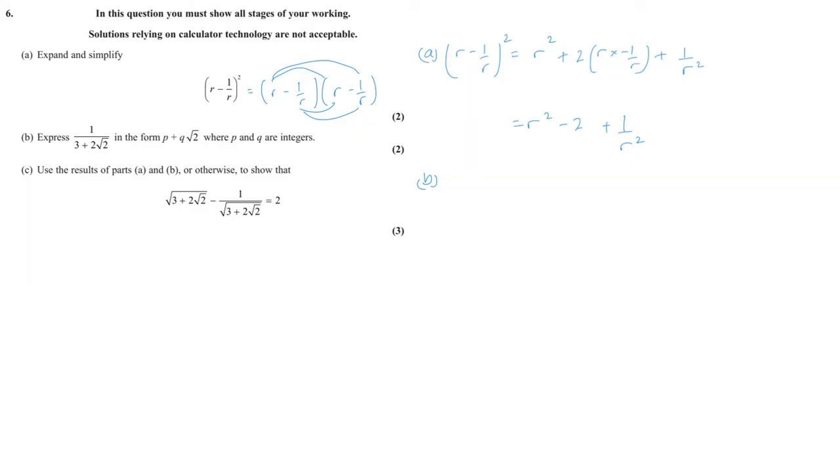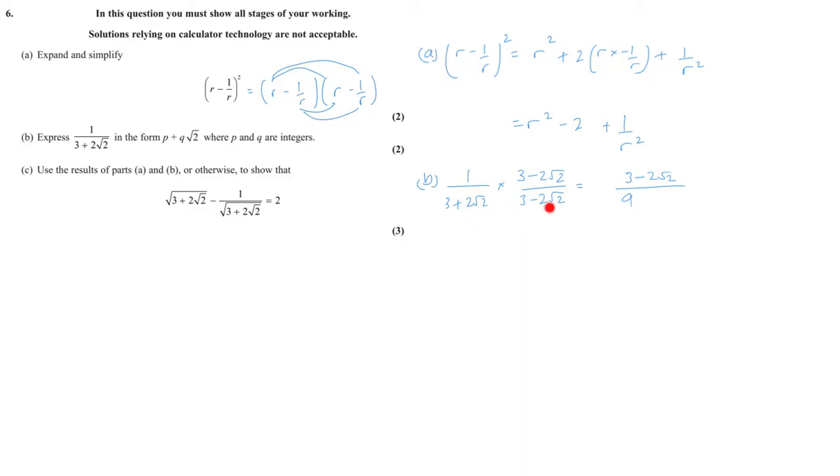So that's part A. Now part B, like I said, was generally well done. So multiplying top and bottom by 3 minus 2 root 2. That gives you 3 minus 2 root 2 on the top, because that's just times by 1. 3 times 3 is 9. 3 times minus 2 root 2 and 3 times plus 2 root 2 will cancel out.